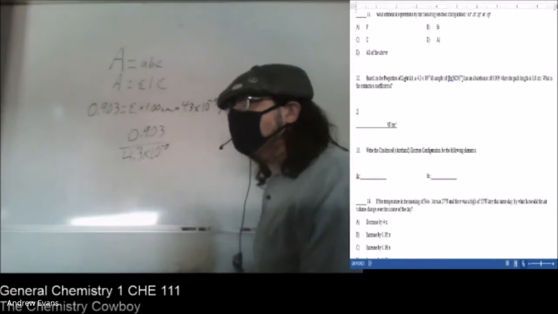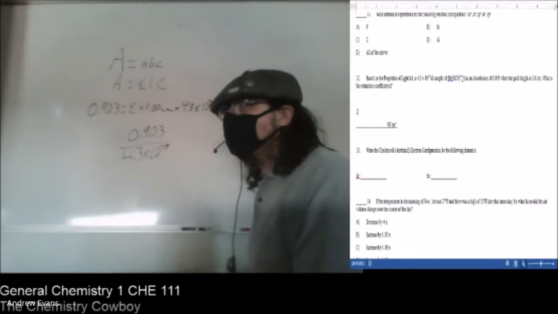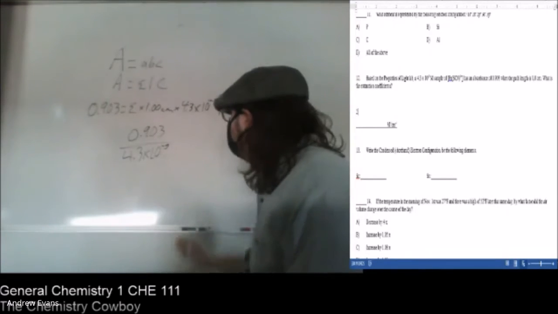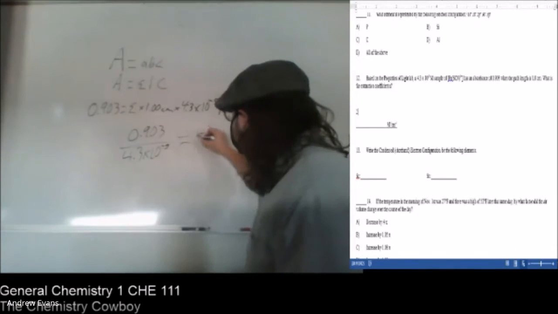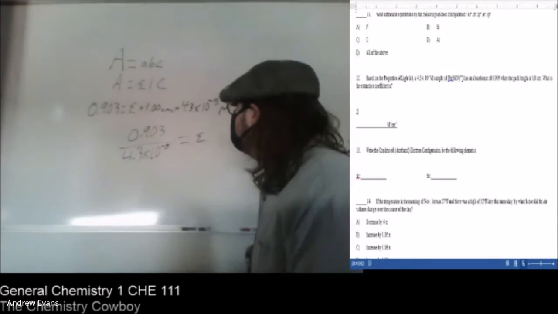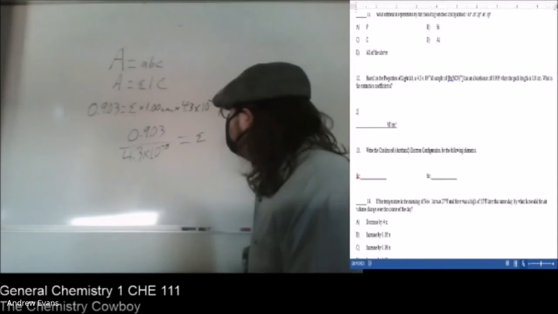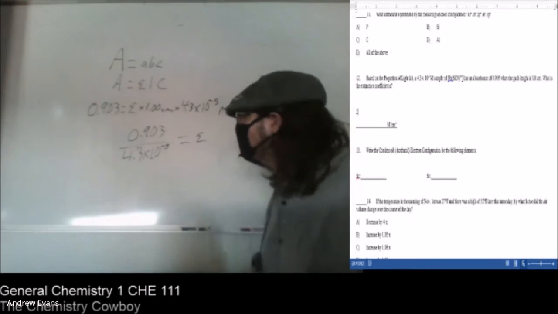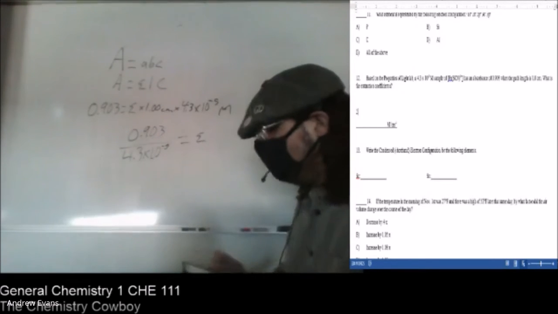You can include the 1 in there, but the identity property says any number divided by 1 is the number itself, so you don't have to. But that's going to give us epsilon. So you take that, you divide by a small number, you get a big number.